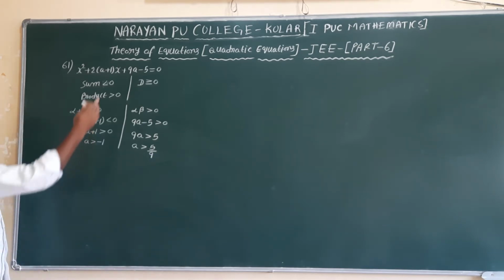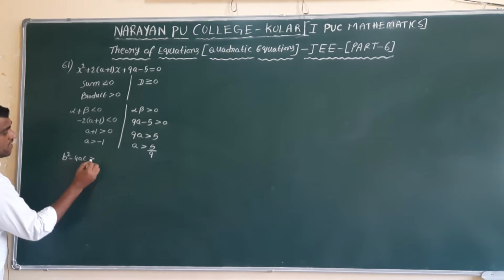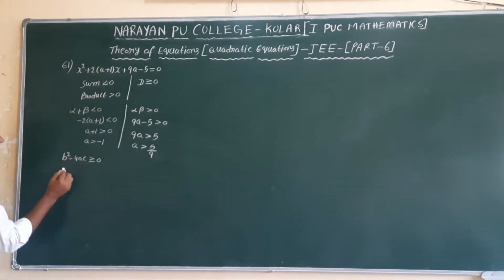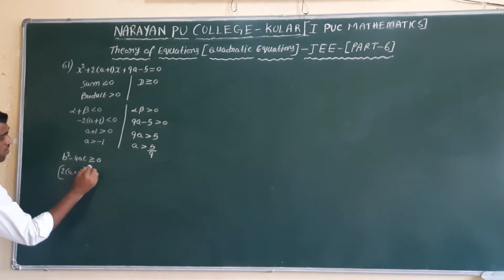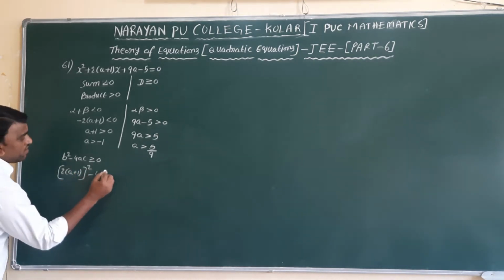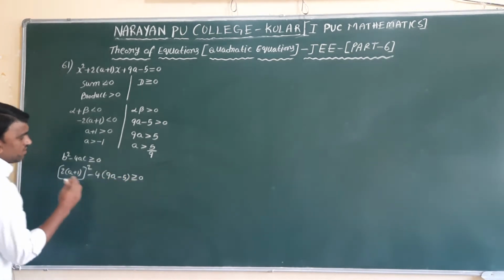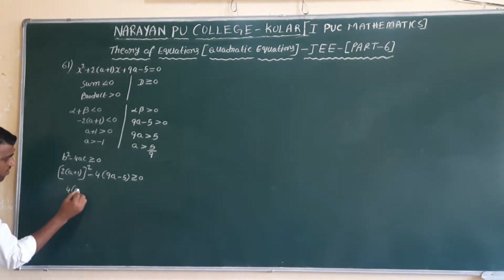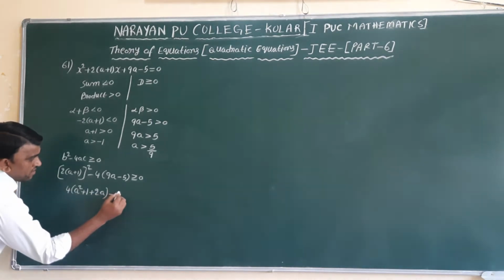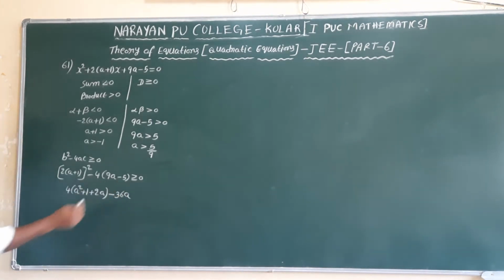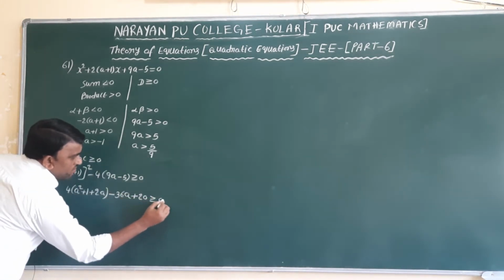Next, the discriminant is greater than or equal to 0. B square minus 4ac is greater than or equal to 0. Apply that condition: 2 into (a plus 1) whole square minus 4, a value 1, c value 9a minus 5, is greater than or equal to 0. Simplify that: 4 into (a square plus 1 plus 2a) minus 36a plus 20 is greater than or equal to 0.